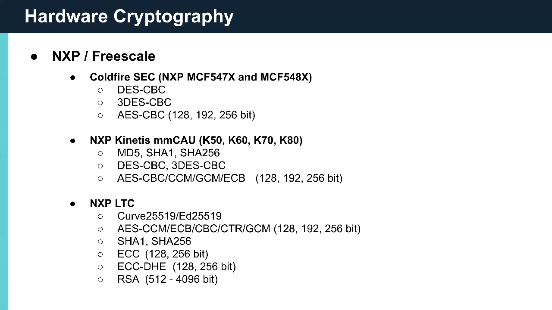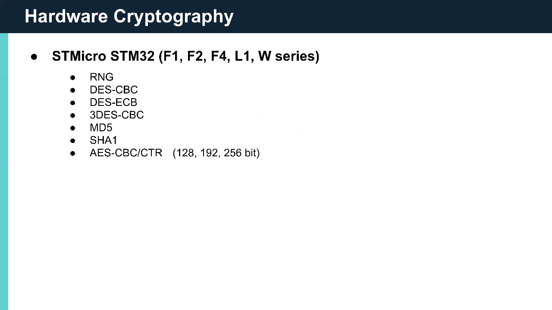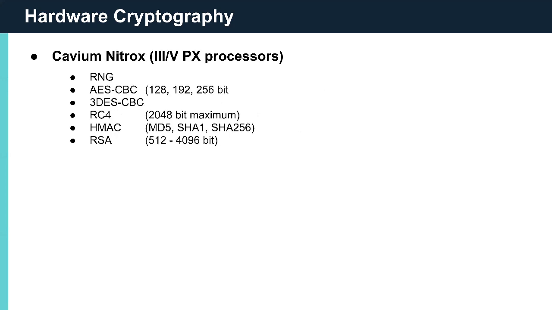From NXP, previously Freescale, we support the Coldfire SEC, Kinetis MMCAU, the NXP LTC device, which is on the K82, 8182, ST Micro's STM32, a number of their platforms have crypto on board. The Cavium Nitrox, again, another accelerator card, does include RSA acceleration.